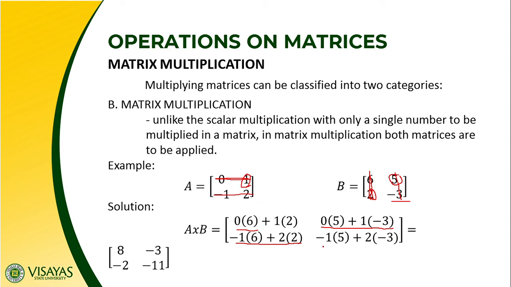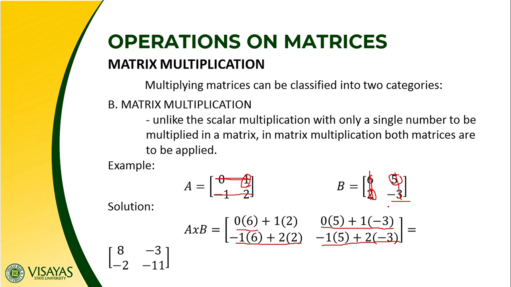And lastly, for the element on the second row, second column, we take the second row and the second column of the matrix B. Negative 1 times 5 plus 2 times negative 3.